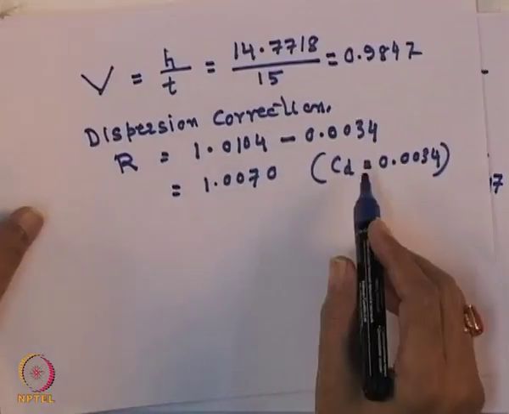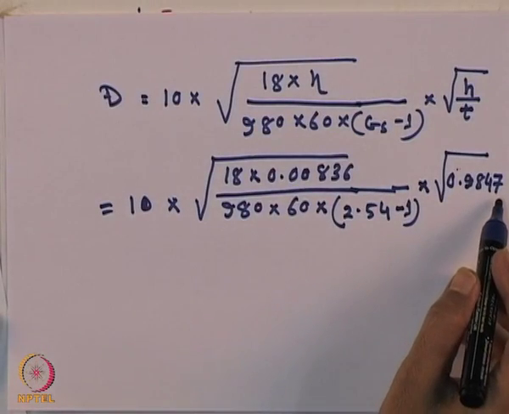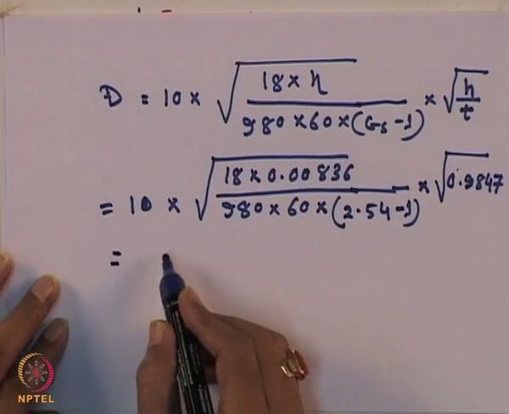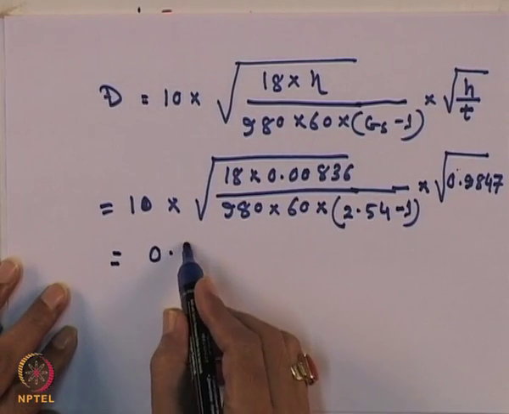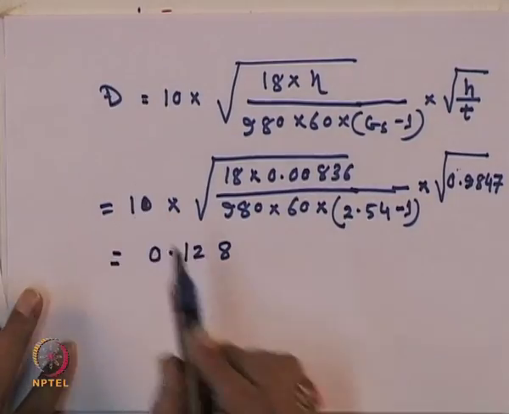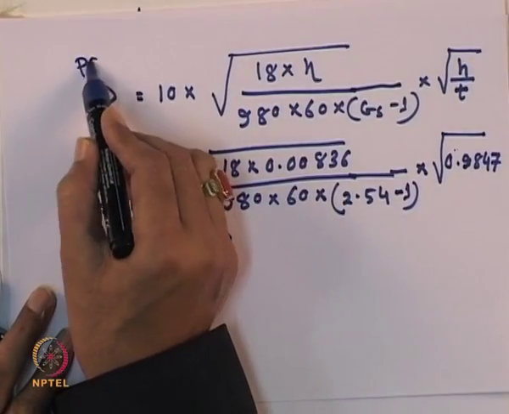This is here, the h by t is 0.9847. So, you can calculate this, and then you can have 0.128. So, this is the particle diameter.